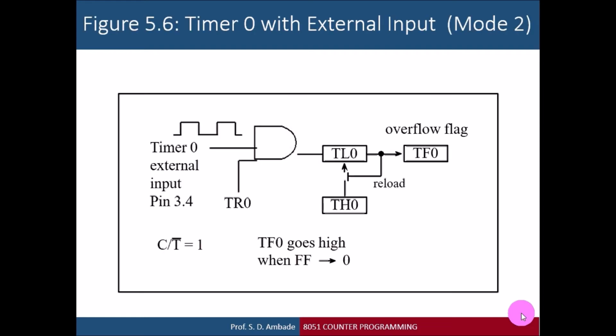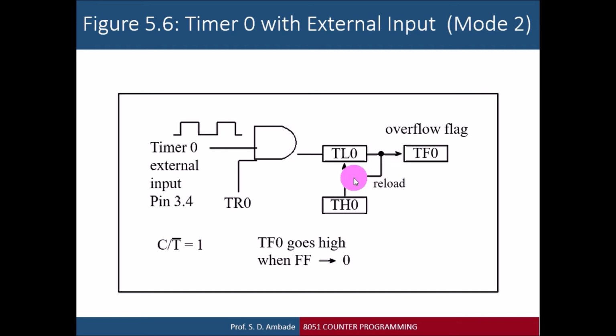Look at the logic diagram of timer 0 with external input in mode 2, means counter 0 with external input in mode 2. See that these are the pulses on pin number 3.4. TR0 should be 1 and the pulse count is available in TL0 and TH0.